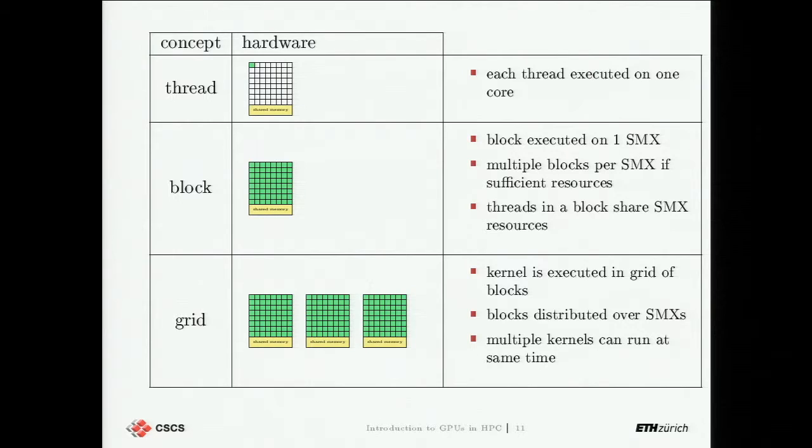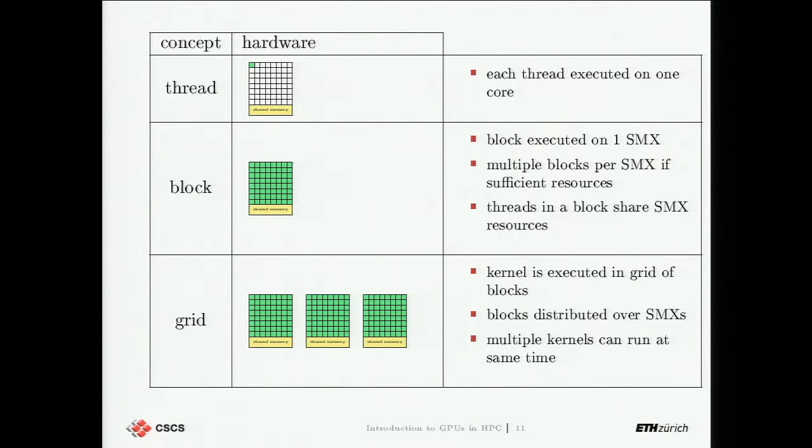What do I mean by if we have enough resources? Well, we're going to learn about shared memory later, which I've got down here as this little yellow area. Shared memory is a scratch pad memory that threads can write values into, then other threads can read this and use it to coordinate amongst themselves, to transfer information.